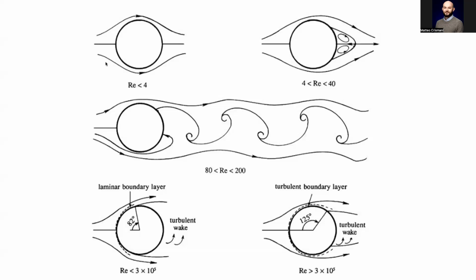Well, this one hasn't separated yet. The separation occurs here because you have this laminar boundary layer, right? And you see how this streamline comes off underneath, right? And similarly here, this streamline emanates underneath the turbulent boundary layer.